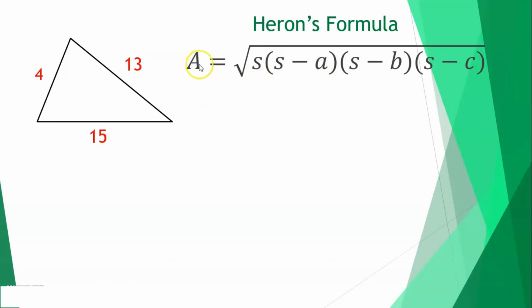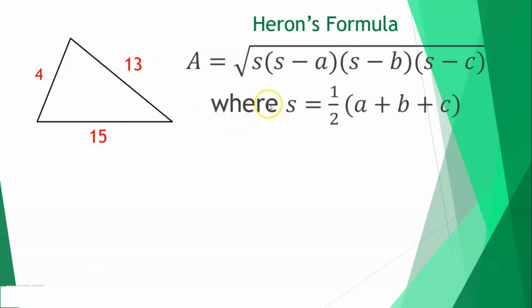So with Heron's formula, to solve for the area, that would be the square root of S times S minus A times S minus B times S minus C, where S here is basically A plus B plus C divided by 2.